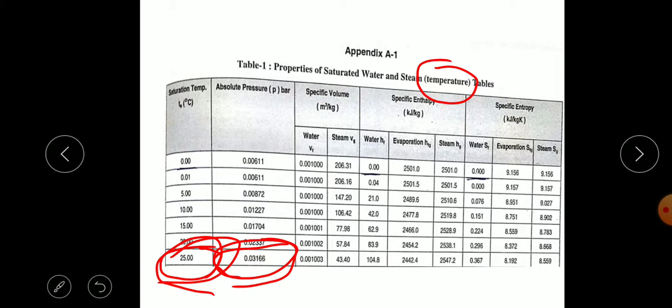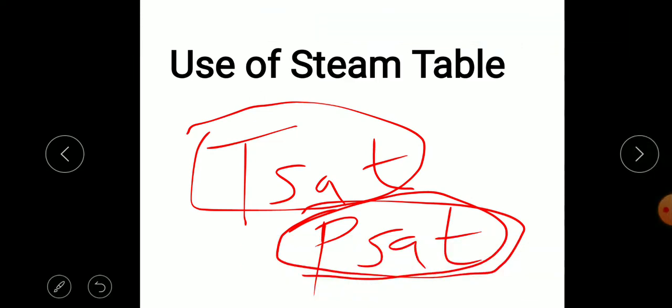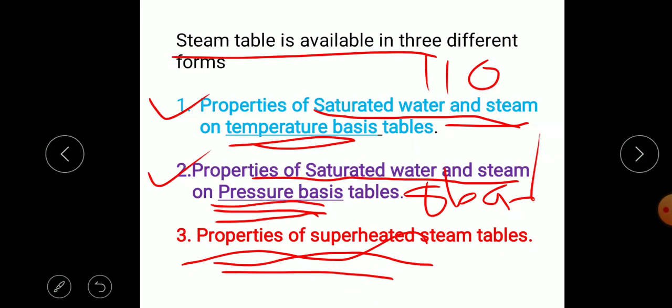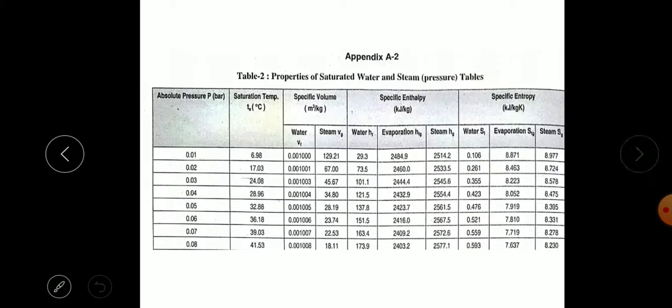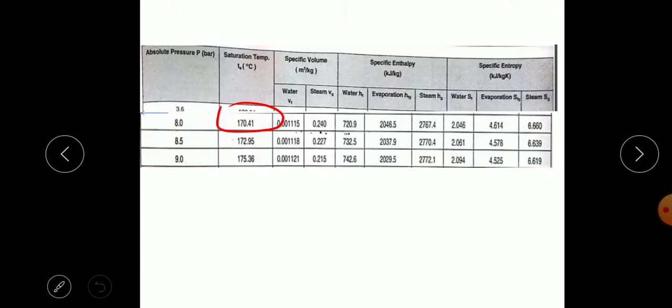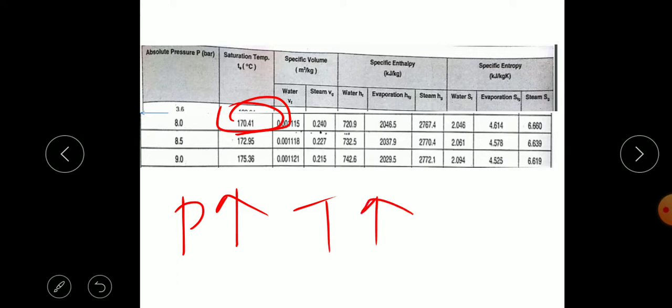And if we increase the pressure above atmosphere, suppose 8 bar, we see the saturation temperature is 170. This means if we increase the pressure, water will boil at a higher temperature, and if we reduce the pressure below atmosphere, water will boil at a lower temperature.